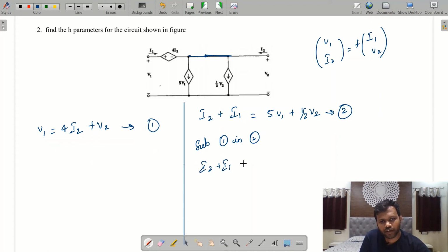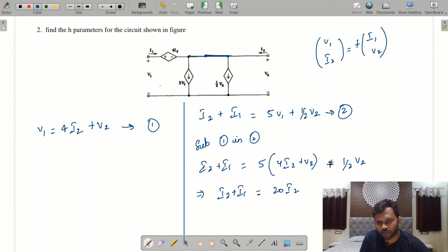I2 plus I1 equal to 5 into, in place of V1 we will write 4I2 plus V2, plus half V2, which will be I2 plus I1 equal to 20 I2 plus 5.5 V2. Now I need to write I2 as a function of I1 and V2, so minus 19 I2 equal to minus I1 plus 5.5 V2. I am bringing I2 to one side and I1 and V2 to the other side.